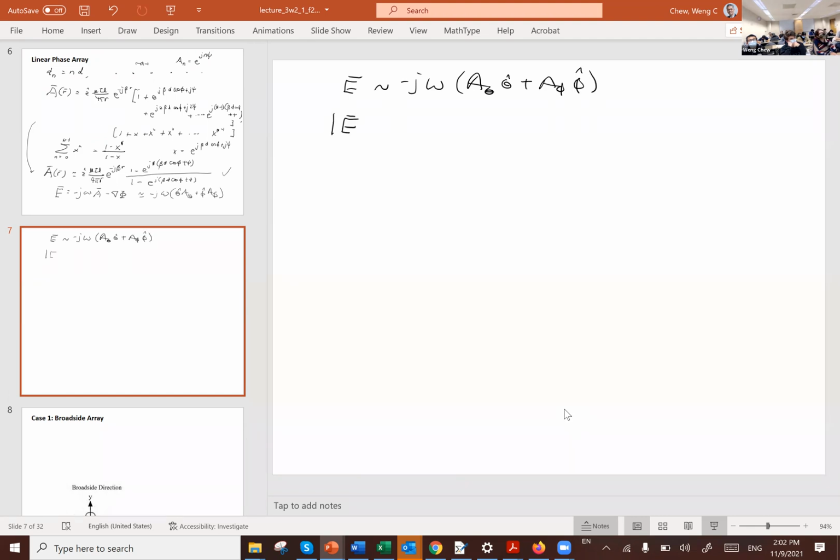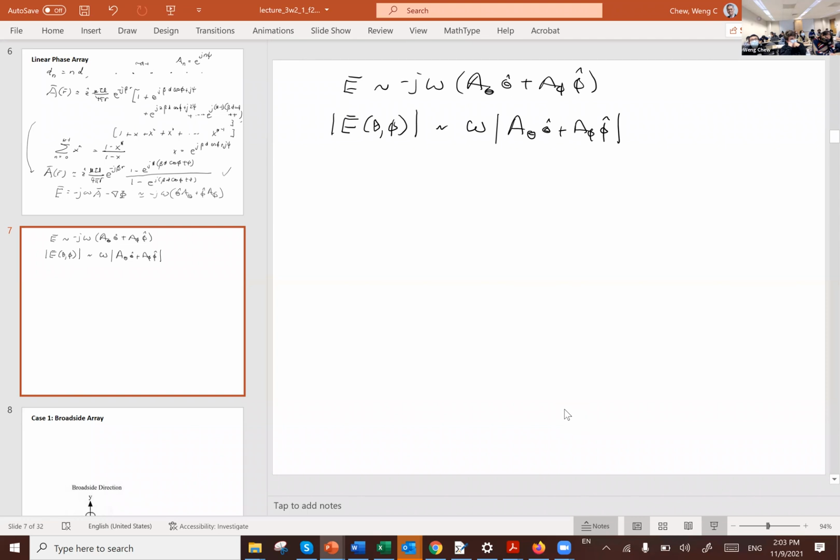Then the radiation pattern, which is the plot of the electric field, is going to be proportional to omega A theta. I guess maybe I can just write this for simplicity. You figure out what it is. That is the field pattern.